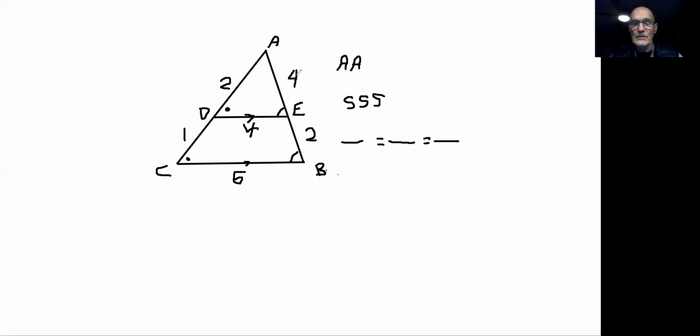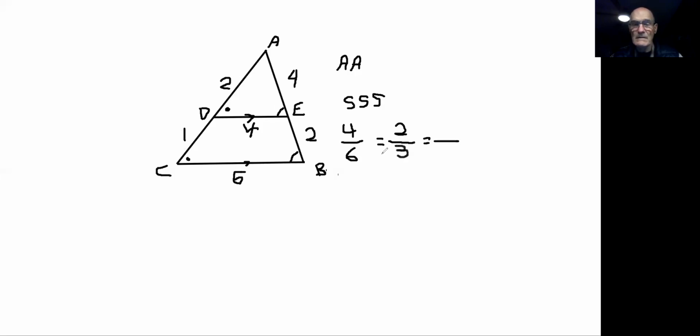Now, when you look at this, you can say, okay, the right side of the small triangle is 4. The right side of the big triangle is 6 because that's this 4 plus 2, okay? The left side of the small triangle is 2. The left side of the big triangle is 2 plus 1, which is 3.